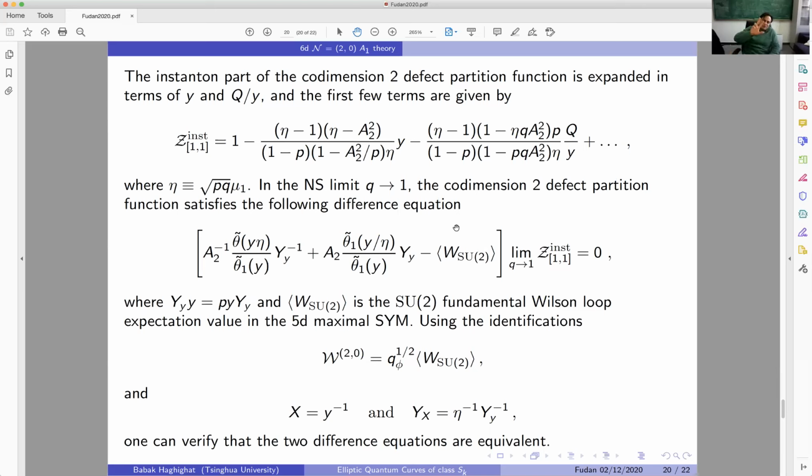That means that if you do this exchange, you go from one partition function to another. Yeah, maybe to go from the 0,1 to the minus 1,0 defect or something like that, right? Yeah. I see that. Thanks.